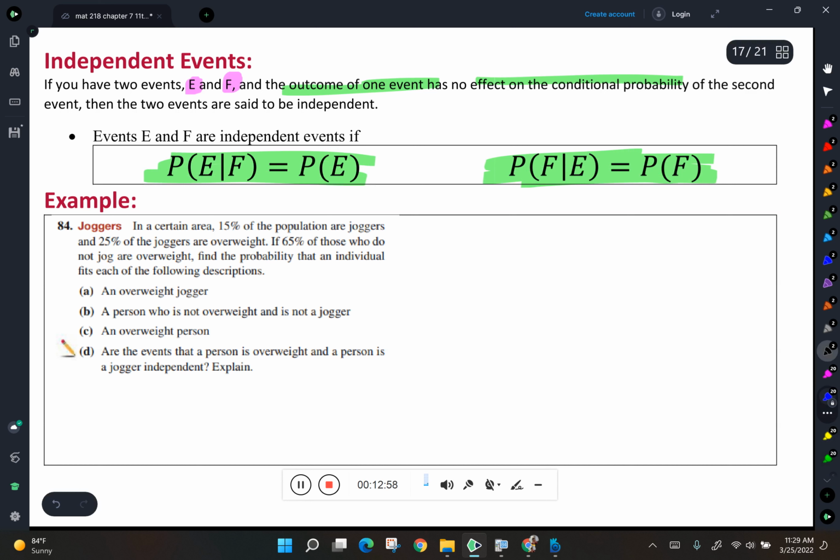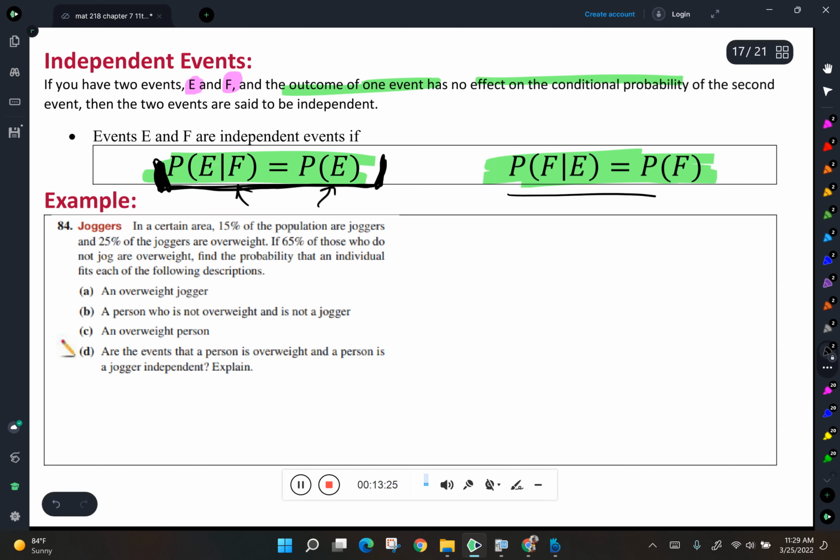So what did that say? Well, let's take a look at what this one says. This one tells me that the probability of E happening, given that we know F occurred, is just the probability of E. So whether F happened or didn't happen, F's existence doesn't matter because the two events are said to be independent.